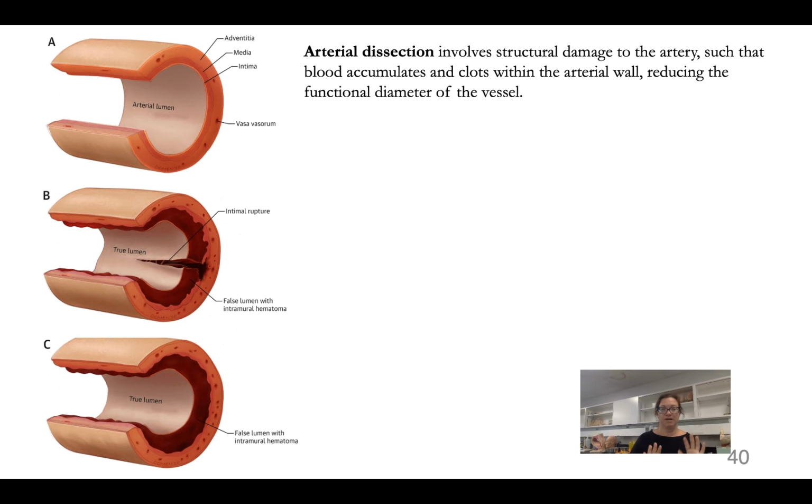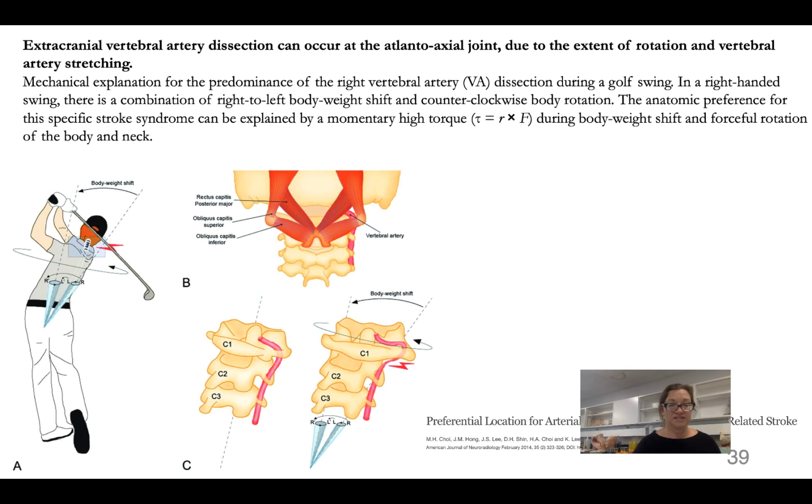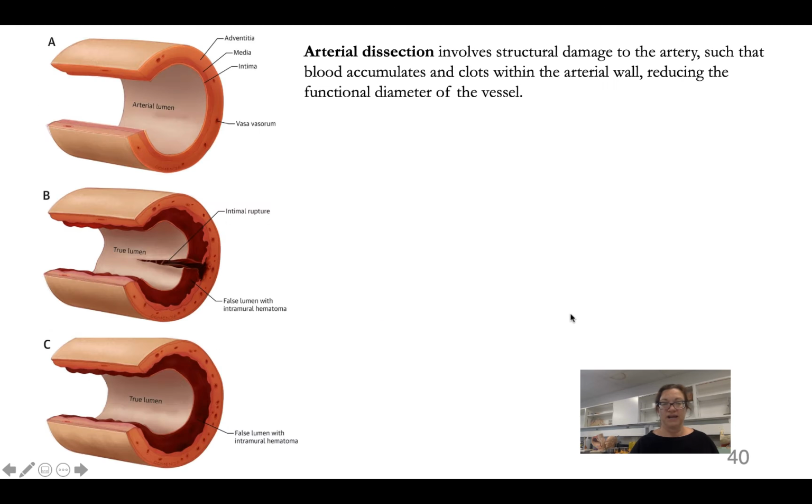Now, pausing for a moment to define an arterial dissection. Arterial dissection involves structural damage to the artery, often by stretching, as is shown here, when you torque the body weight around the rostrocaudal axis at this level. This is the axis in dotted line, and when you stretch the artery, you render its lumen vulnerable to damage.